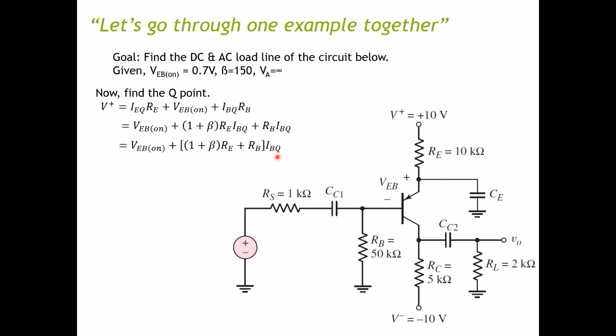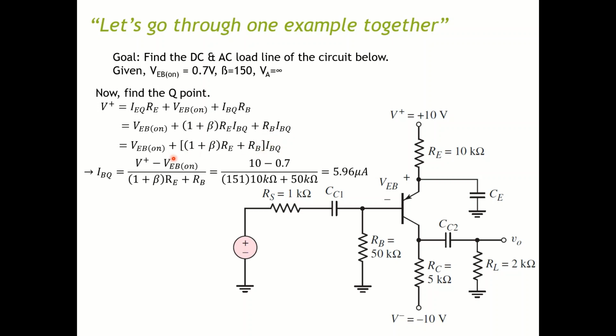Look at this now. This is a constant. This is a constant. Everything is given. So now you can find your IBQ, right? You move everything to one side, you keep IBQ, you plug in all the numbers. You have your base current at the quiescent point to be 5.96 microamperes.